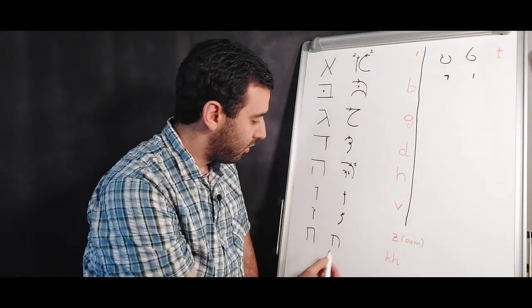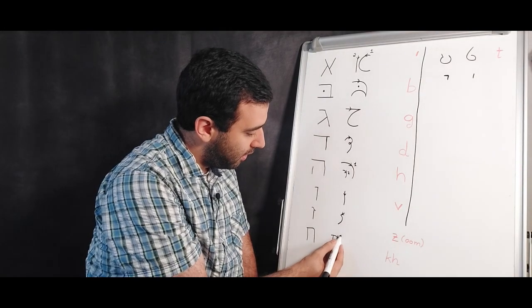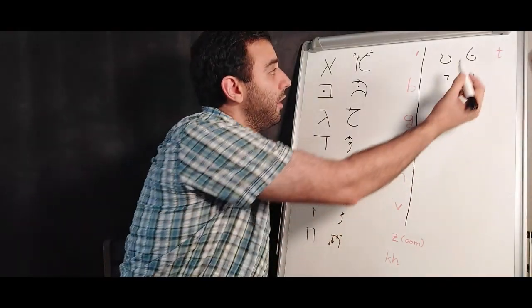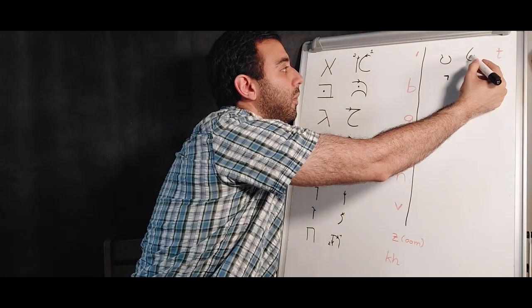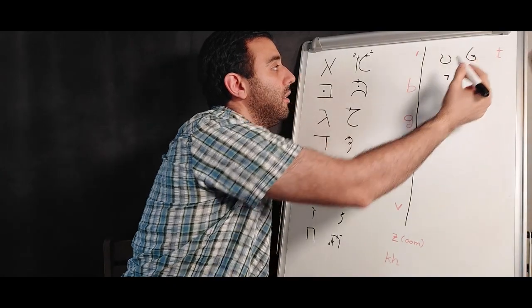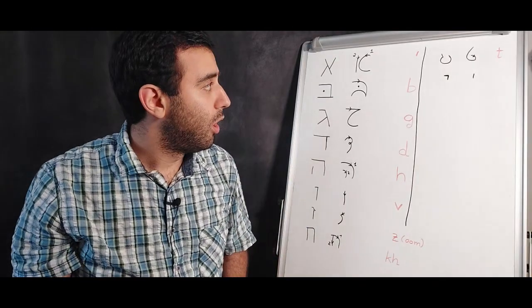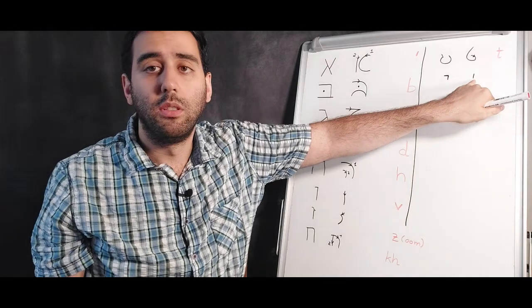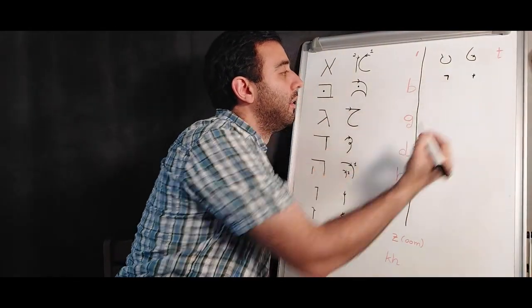Oh, I forgot to show you here where to start. You start with the curve first, and then you write the line. And here you start over there in the middle from this point, and then make this curve to the top. So here we have the Yod.